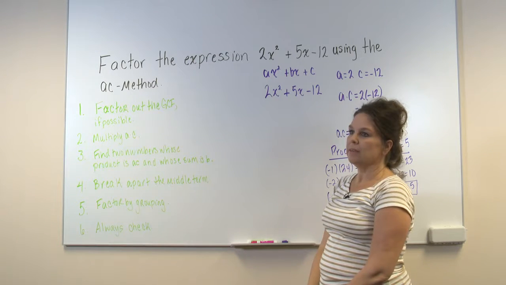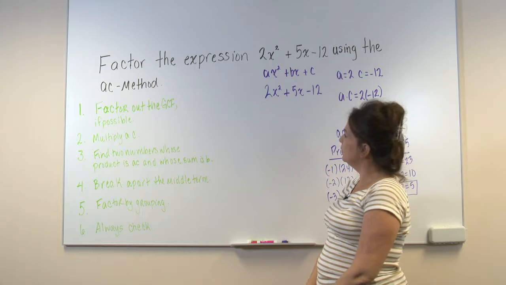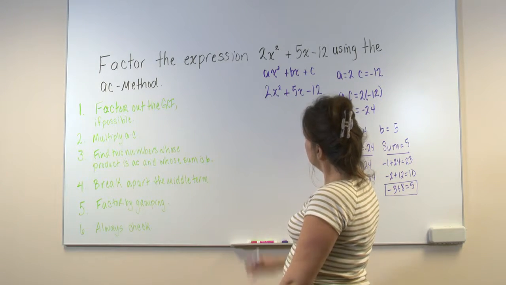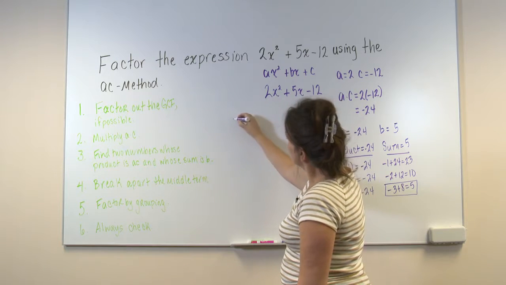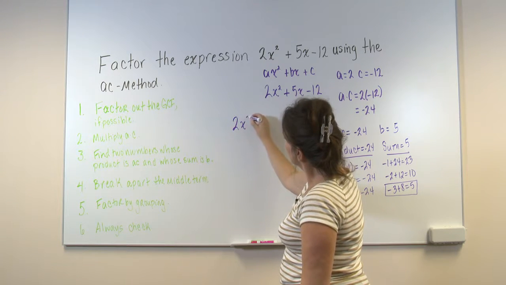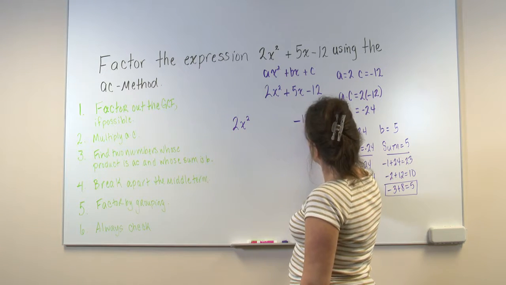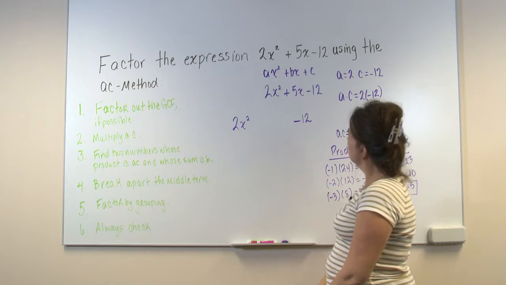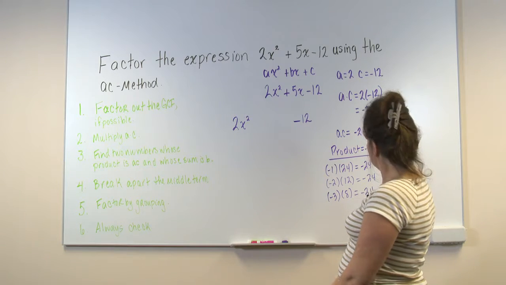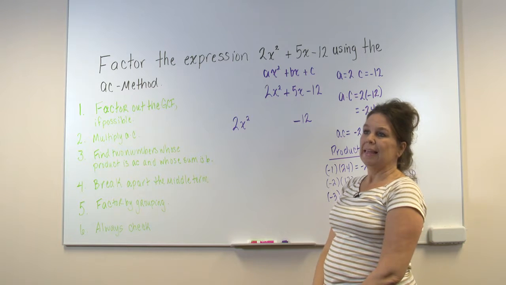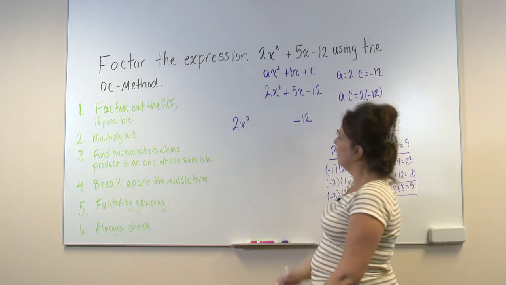Step number 4 tells us to break apart the middle term. So I'll go back to the original expression. I'm going to write down the first term, which is 2x squared, and I'm going to write down the last term, which is minus 12. This middle term of 5x, I'm going to break apart using the numbers negative 3 and 8.